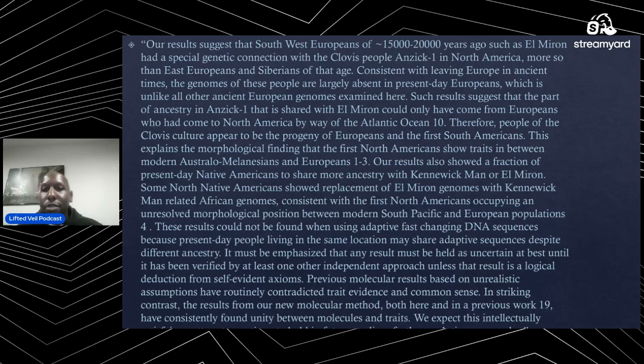And the reason why it's important is because we know present-day Europeans are predominantly white Caucasian, so to speak, you know what I mean? They're saying that these ancient Europeans don't share affinity with modern Europeans. Very consistent with what I've been saying, all right? Which is unlike all other ancient European genomes examined here. Such results suggest that, okay, so let me back that up.